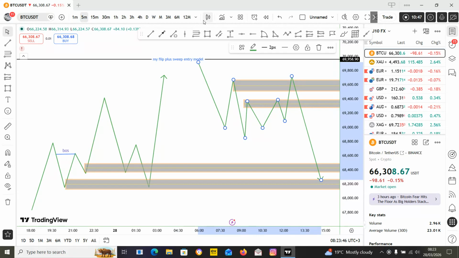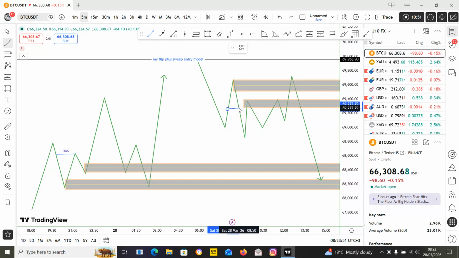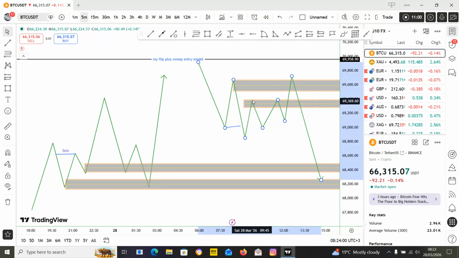So when this move happened, remember it had given us a breakout structure here, but look what price did.